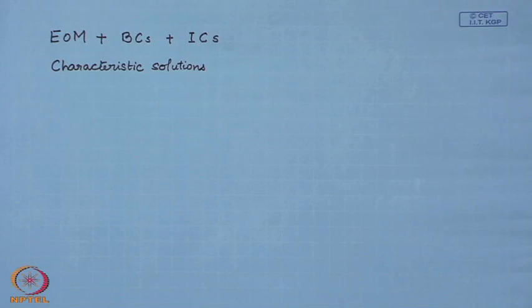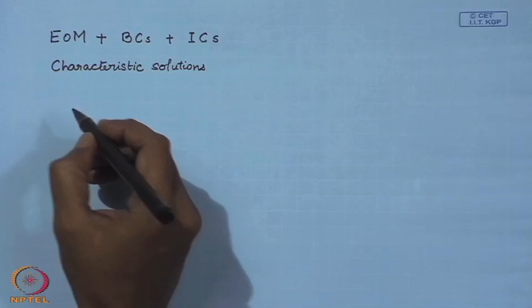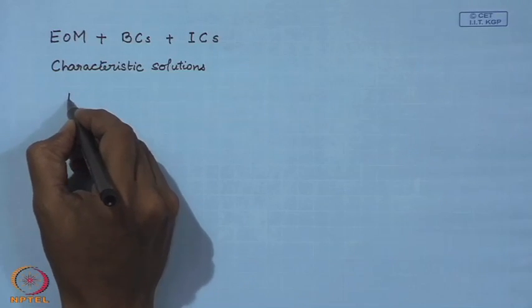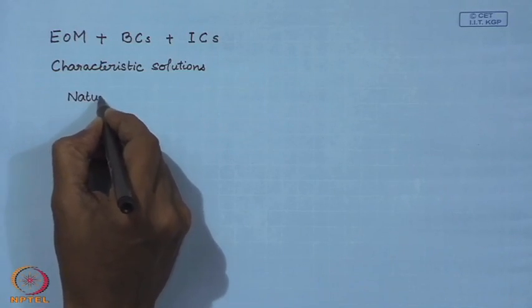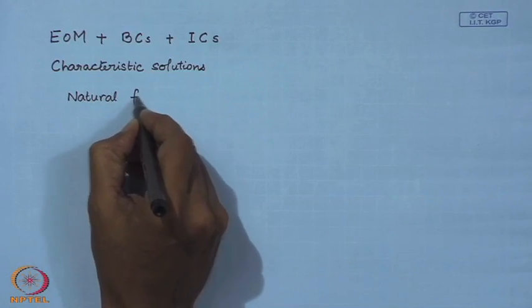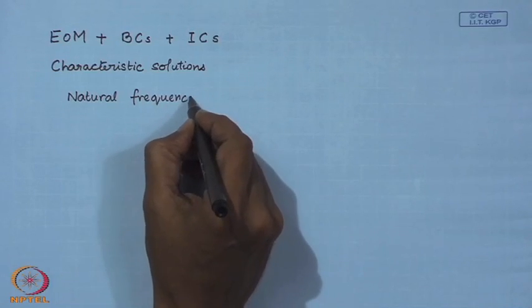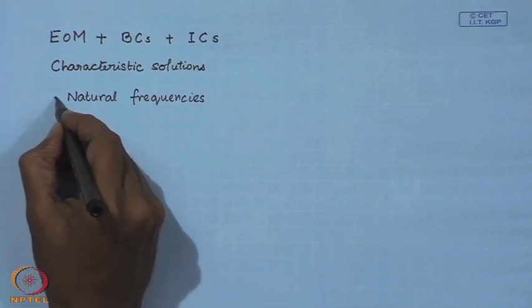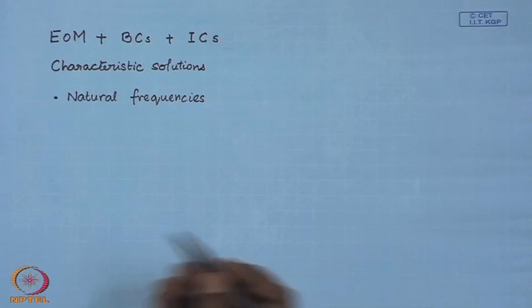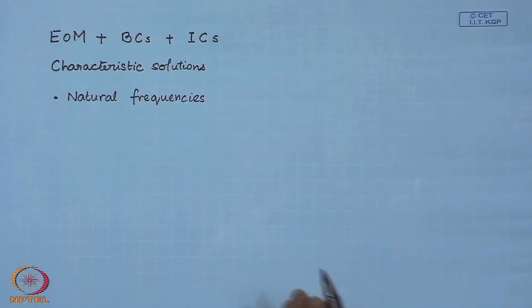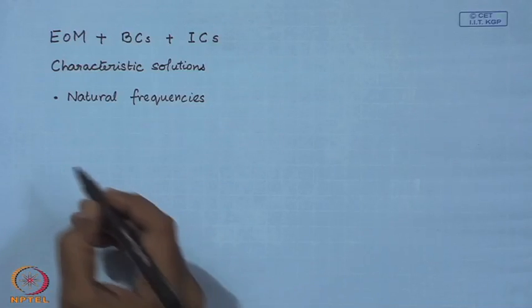The answer to this question is affirmative, and we know this from our study of vibrations of discrete systems. In there we solve for what are known as the natural frequencies of the system. Natural frequencies tell us how fast the system is going to vibrate.